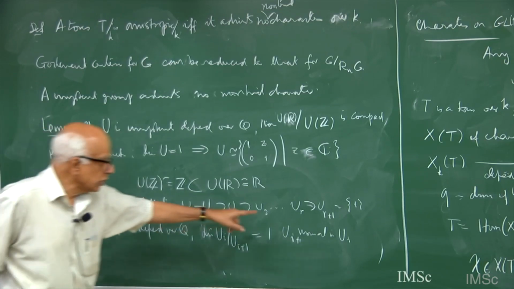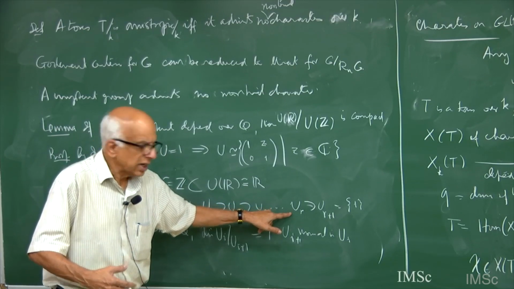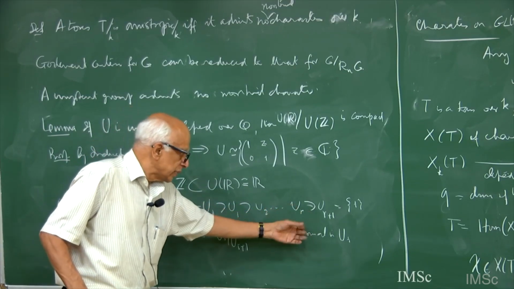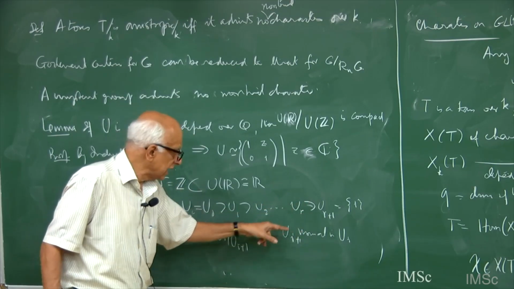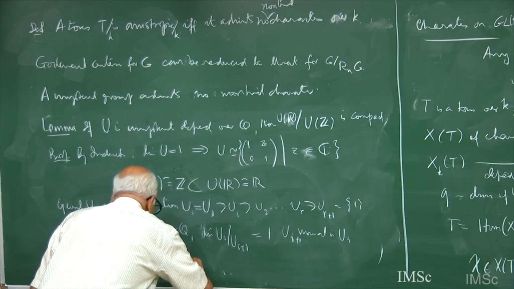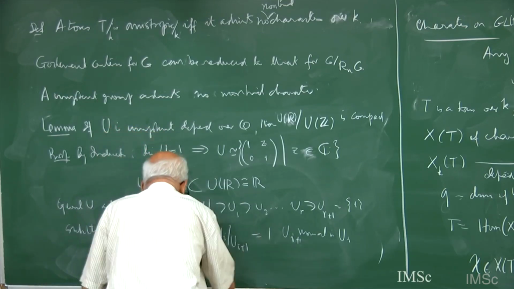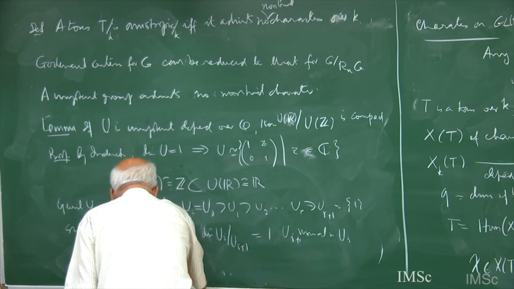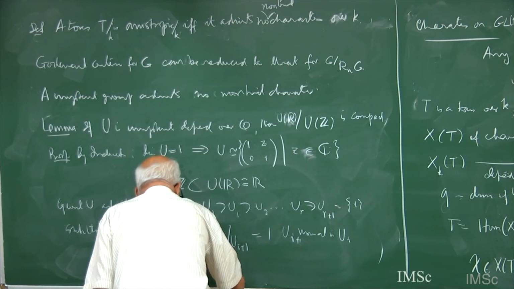So we start with U_r, which is one dimensional. So we know that U_r by U_Z is compact, and that's the start of the induction, R by Z being compact. Then suppose you have proved it up to U_{i+1}, and you are going to look at U_i by U_{i+1}.